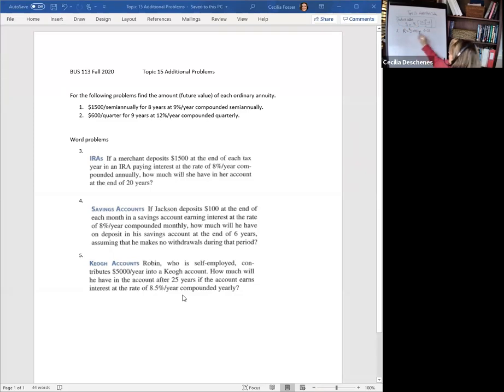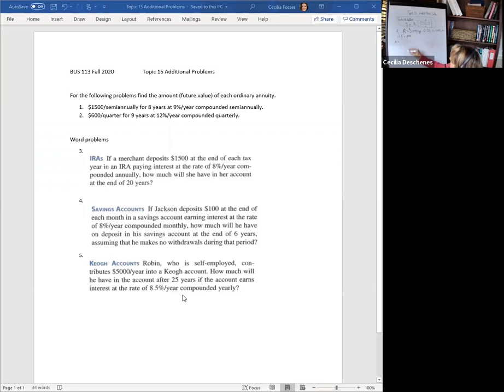And the rate is 8.5 per year. So 0.085. And it's annual, so we know we have M equals 1. So that's always nice because it makes everything easier. We don't have to really do too much math for the I's and the N's. So the I is just going to be the rate divided by 1, and that's just 0.085.